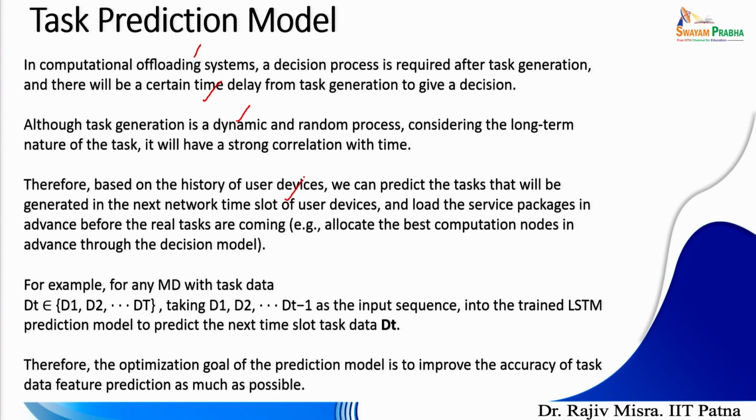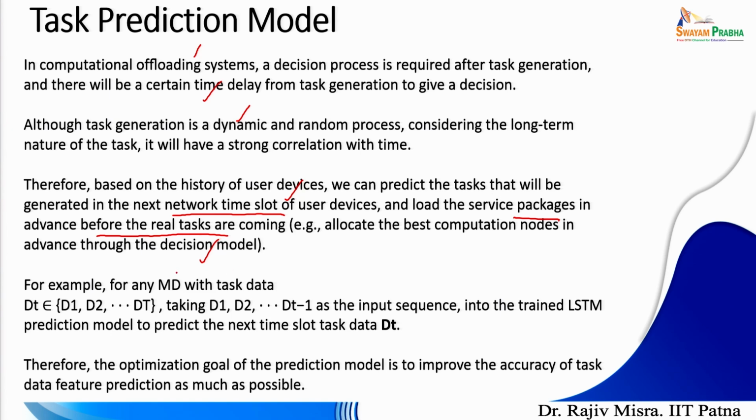Therefore, based on the history of the user devices, we can predict the task that will be generated in the next network time slot of the user device, and load the service packages in advance before the real time tasks come. That is, allocate the best computation node in advance through the decision model, and this will make the prediction more effective in further reducing the latency and other cost.